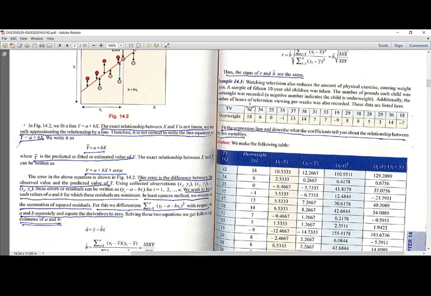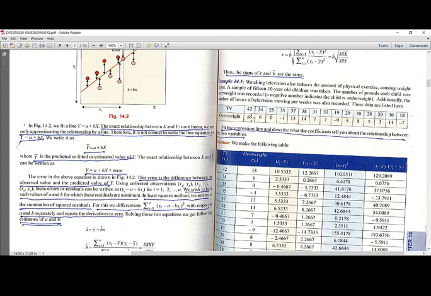So here the TV watching hours are given in this row, how many hours the children watched. And the overweight is given in pounds.